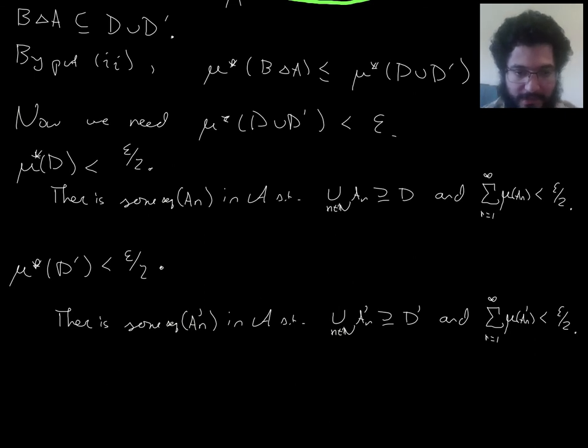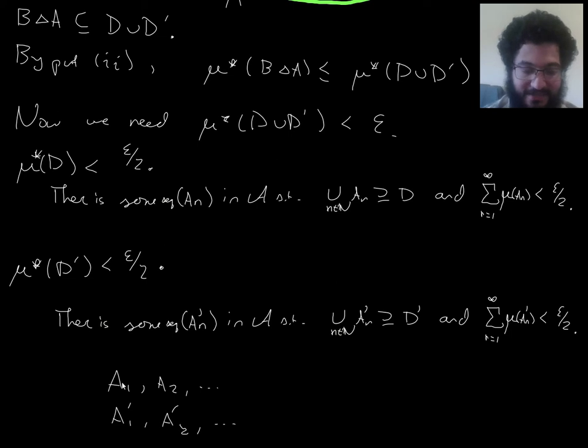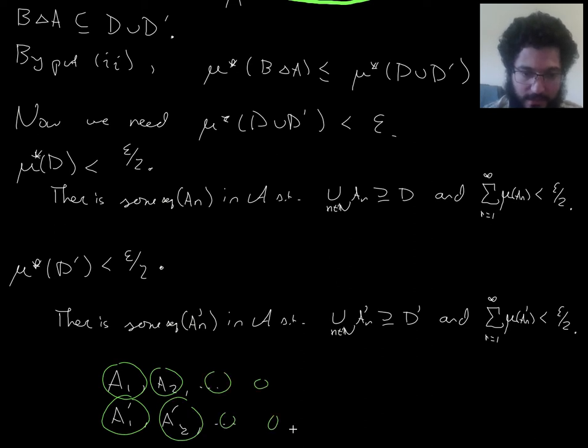So how can we do that? We have a sequence of sets that goes A_1, A_2, etc., and another one, A_1 prime, A_2 prime, etc., and you want one sequence that gets all of them. You've probably done something like this before. Just alternate. So take this one, and then this one, and then this one, and then this one, and so on, alternating.